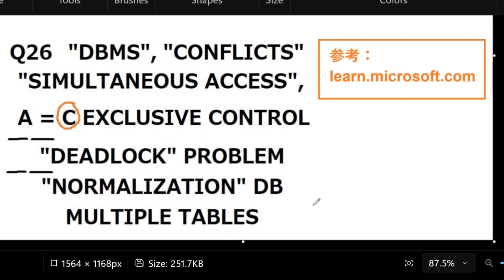Normalization of the database is to create a database by creating tables where you don't have several duplicates, multiple fields that are unnecessary, eliminating all the unnecessary fields and duplicates.